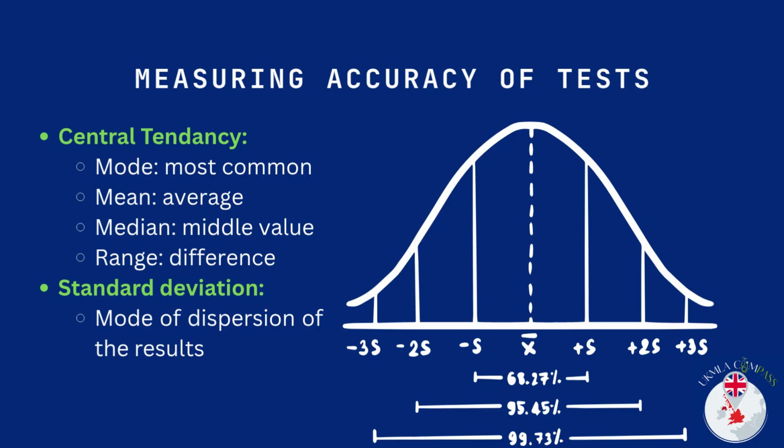Third, we have the median. The median is the value at the middle once you do an ascending distribution of the numbers. Let's say we have 100, 120, 130, 140, 150. So if we put them in order, then we will find that the median is the value which is at the middle, which in this case will be 130. So this is the median value. We usually divide the distribution into two equal parts where there is two numbers before this number and two numbers after this number in this case.